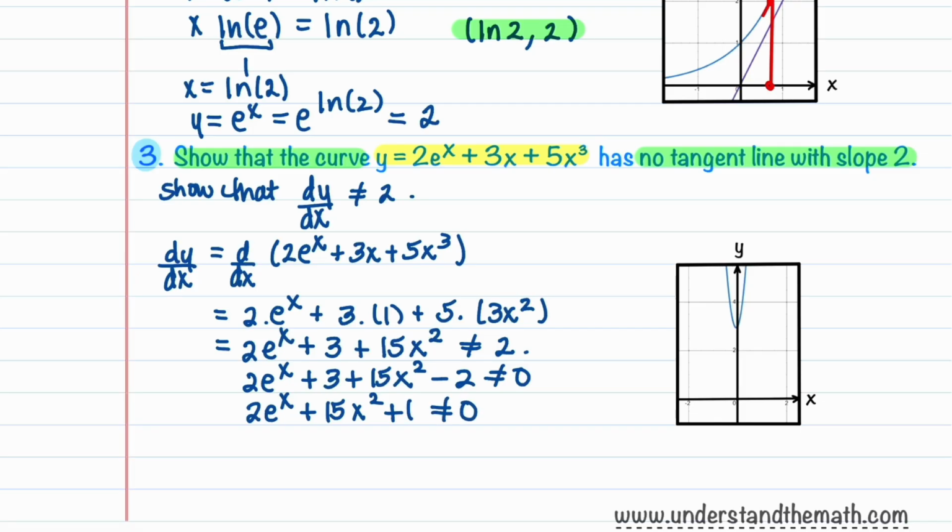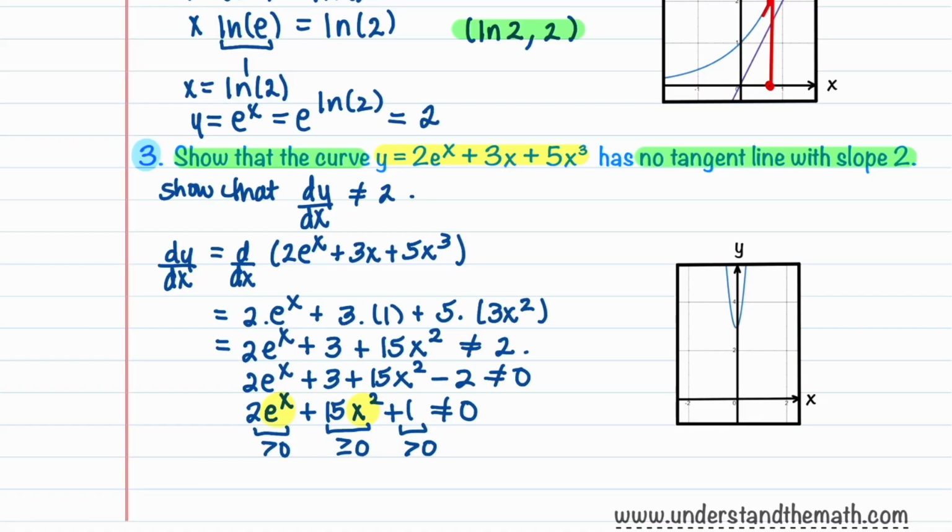Now let's look at each term separately. E to the x is always greater than 0, so let's write that down. So this is greater than 0. X squared is greater than or equal to 0, so this is greater than or equal to 0. And then our 1, of course, is greater than 0.